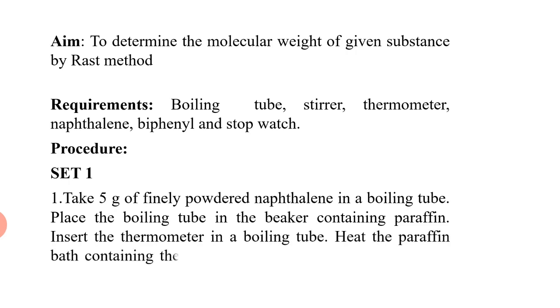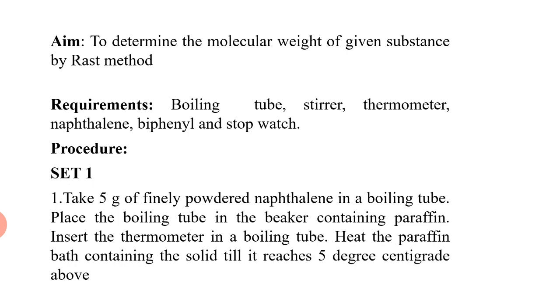Heat the paraffin bath containing the solid till it reaches 5 degrees centigrade above its melting point. So students, if you are going to take naphthalene, its melting point is 80 degrees. So we have to heat it until the thermometer shows 85 degrees as the reading.